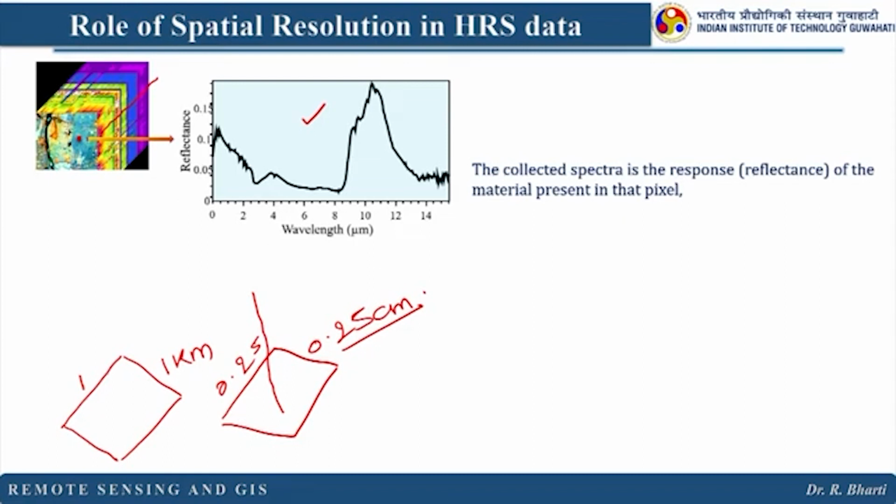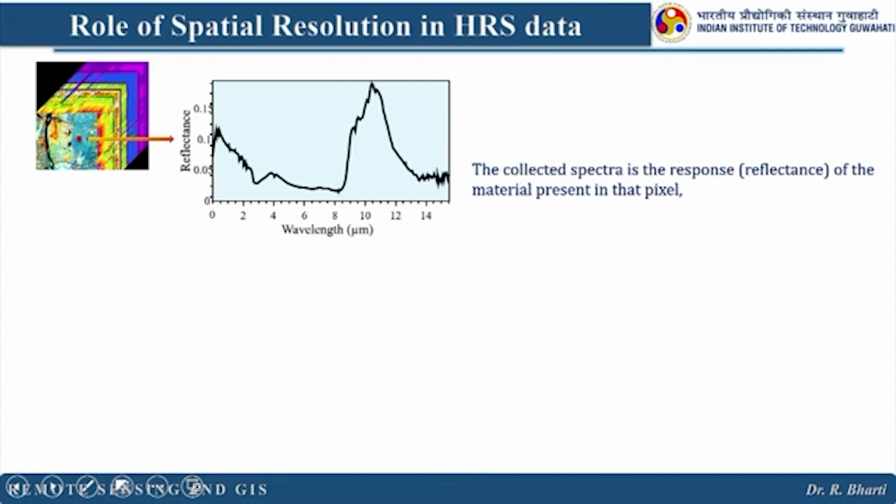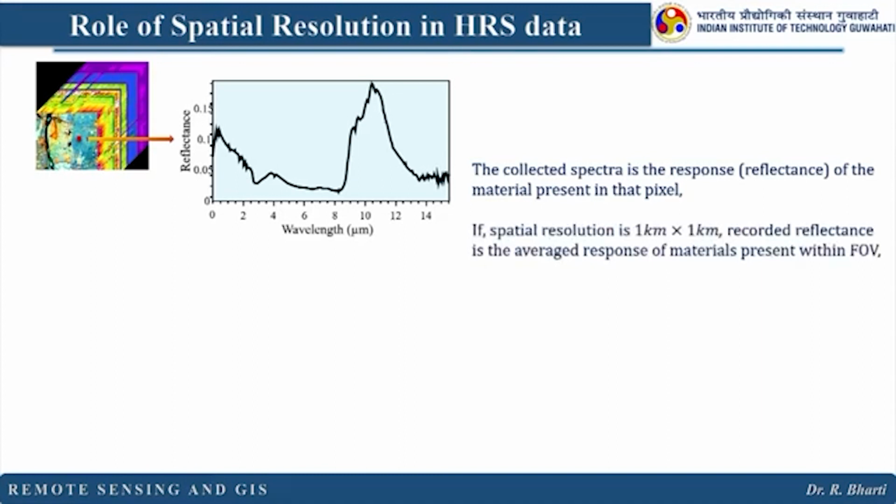So that is why I have written that the collected spectra is the response of the material present in that pixel. If spatial resolution is 1 kilometer by 1 kilometer, the recorded reflectance is the averaged response of material present within the field of view.